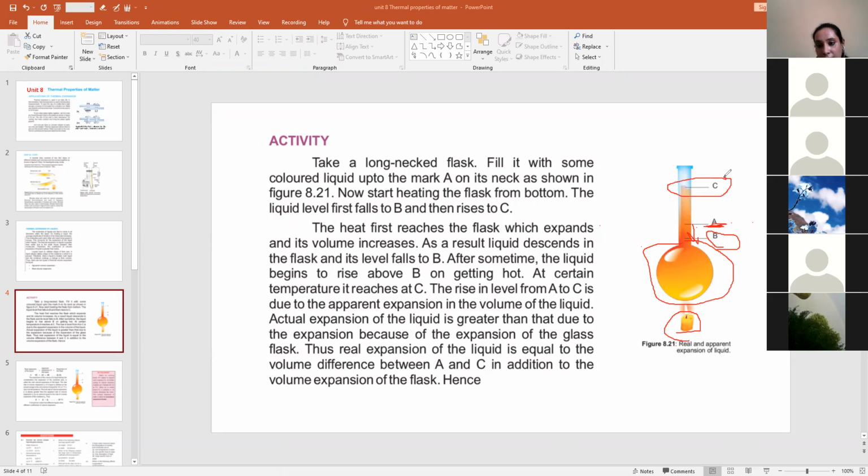So this is basically the thermal expansion of the liquid taking place at point C, right?